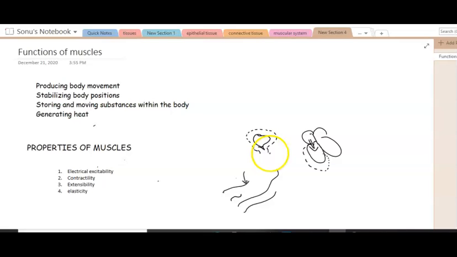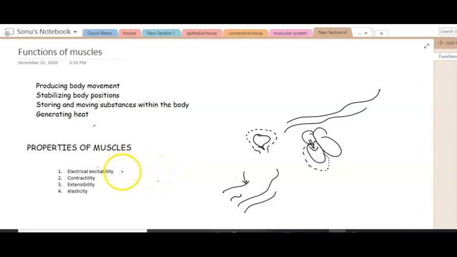Then next is elasticity. Once this muscle fiber is stretched, it has to come back to its original state. That coming back to its original state is called elasticity. So these are the properties of muscles. Electrical excitability means that when an electric stimulus, an action potential, reaches a muscle cell, it responds by contraction.